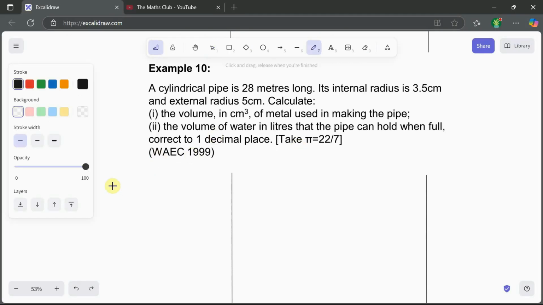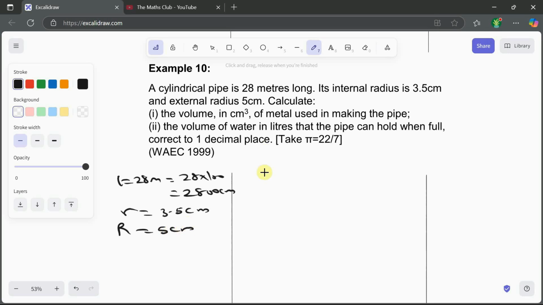So we're told that the length is 28 meters, but the radii are in centimeters, so we have to convert it to centimeters. That will be 28 times 100, which will be 2,800 centimeters. That's the length. The internal radius r is 3.5 centimeters. External radius big R is 5 centimeters.